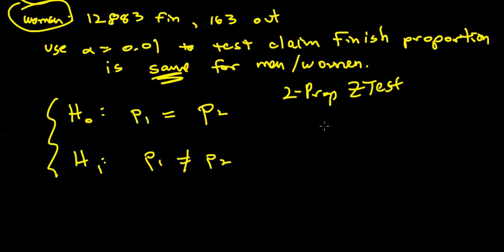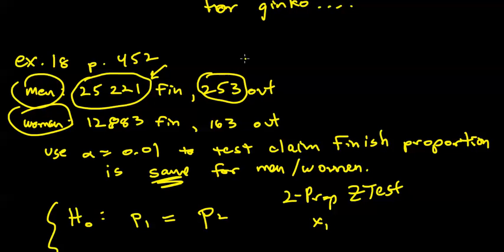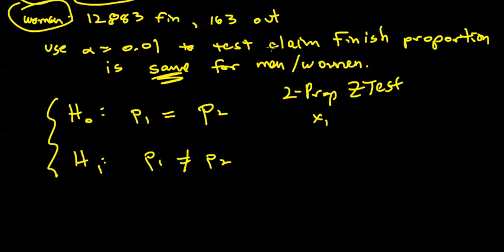And we are prompted for some things, but we've got to be a little bit careful here. X1. Well, if men is group 1, well, we want the total number in this group. We have to actually add these two values, 25221 and 253, right? This many finished, this many dropped out, which means we had a total of 25221 plus 253.